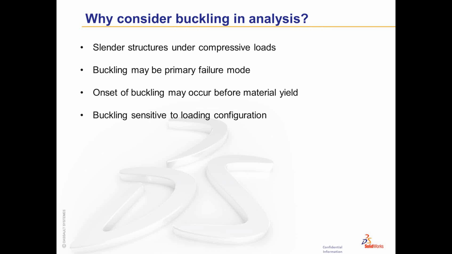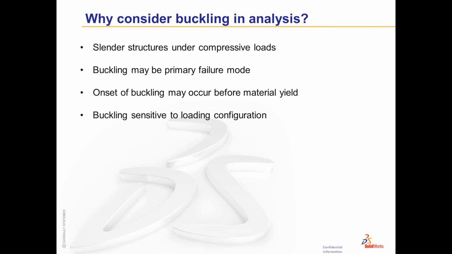The types of structures that tend to buckle are slender, tall, or long types of structures that have compressive loading. And as I said earlier, buckling may be the primary failure mode.